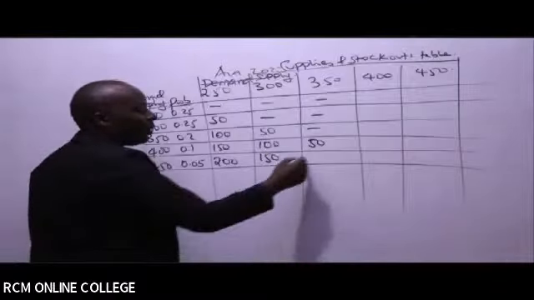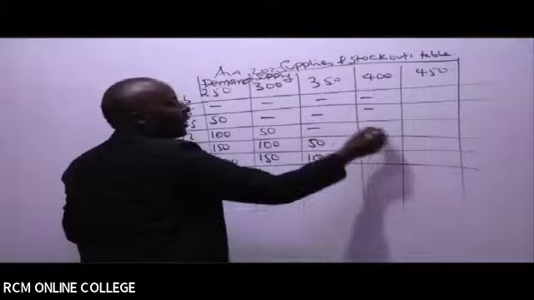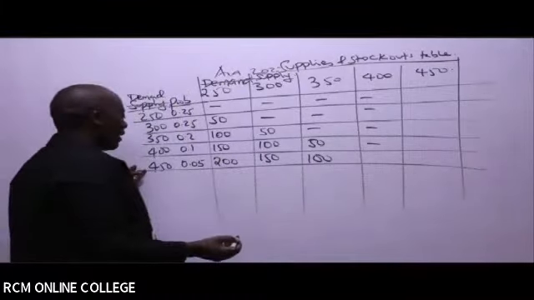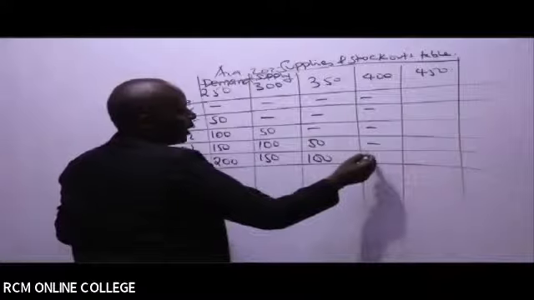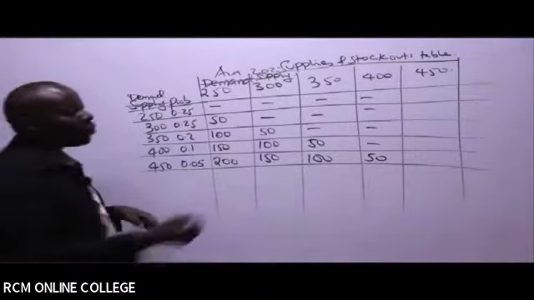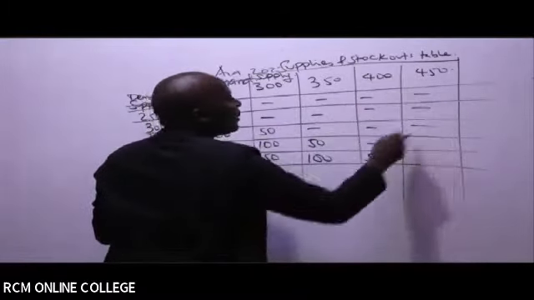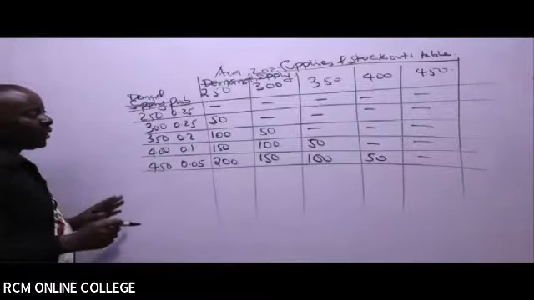Here, I will disappoint how many? 100. And 450 versus 400, I'll disappoint 50. And of course, if I decide to bring 450, the highest, I will never disappoint anybody.